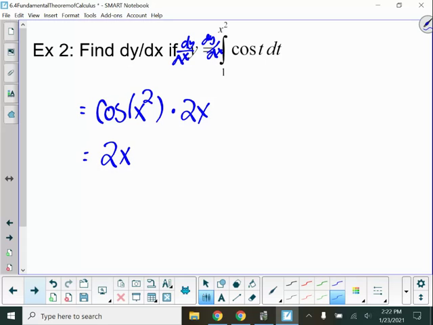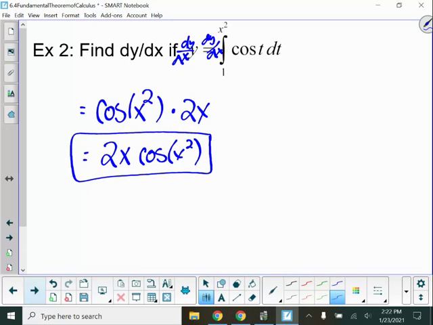So this is actually equal to 2x times the cosine of x squared. Your book has a better explanation for why you need to multiply by the derivative of that upper bound. Just know that that is something that has to happen.